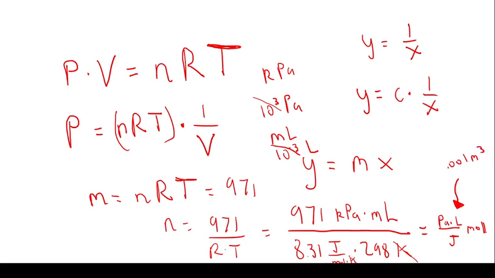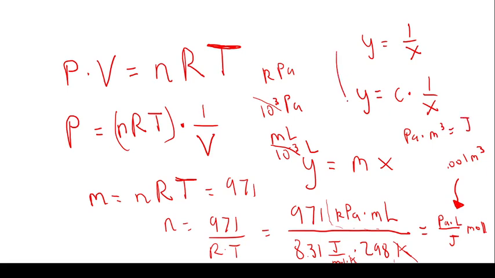So after doing this calculation here, 971 divided by 8.31 and divided by 298, we're going to have to again divide by 1,000, or in other words multiply by 0.001. And then what we'll have is pascals times meters cubed, and that is actually equal to a joule.